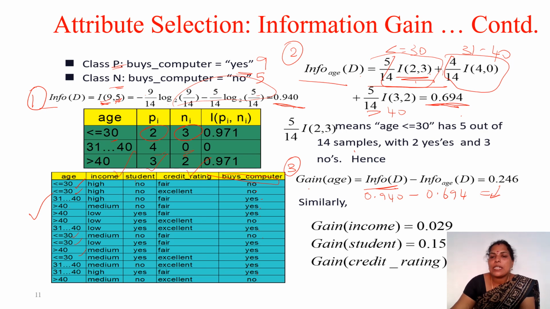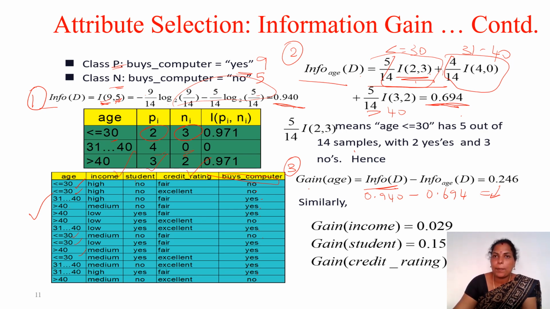Likewise, we have to find out the gain of all the attributes. In order to do that, before finding the gain, we have to find out the information gain for each and every attribute.